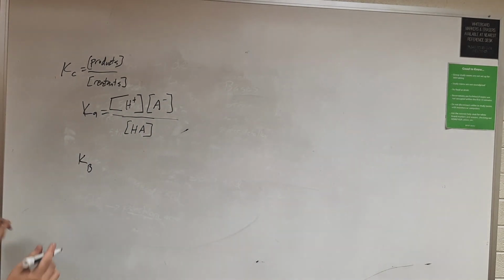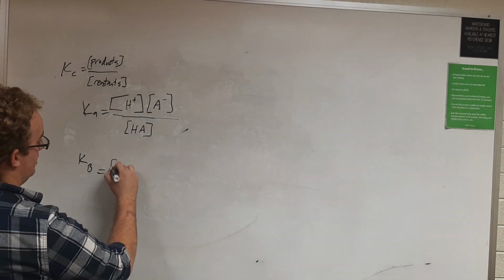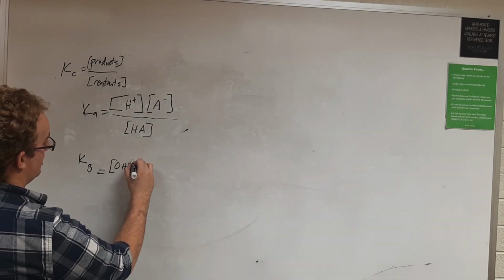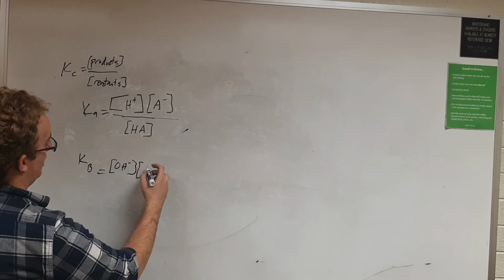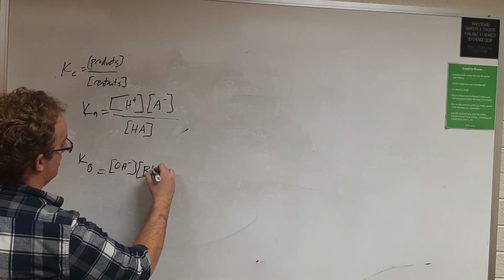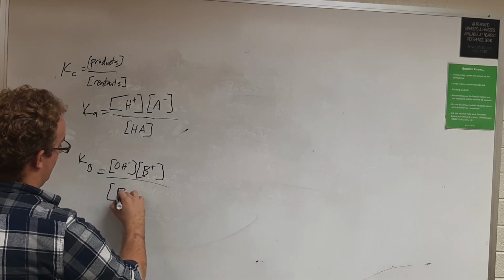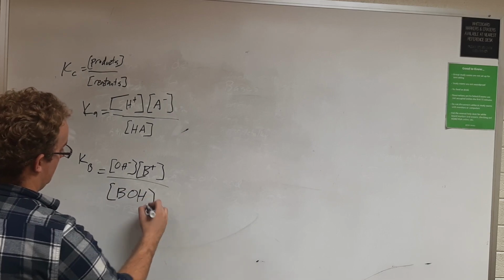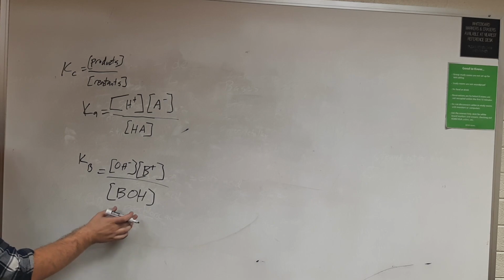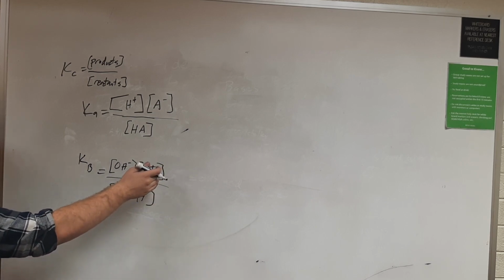You can think of the same thing for bases over here, right? So we might have hydroxide concentration here, and then your base without that hydroxide over your base with your hydroxide. So if this doesn't dissociate very well, you'll have a small number up here and a big number there.